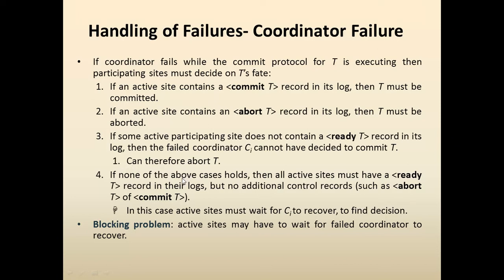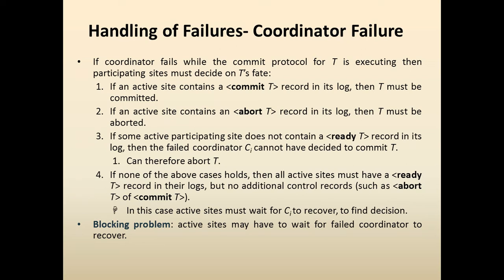If none of the above cases holds, then all active sites must have a ready T record in their logs, but no additional control records such as abort T or commit T. In this case, active sites must wait for Ci to recover to find the decision.